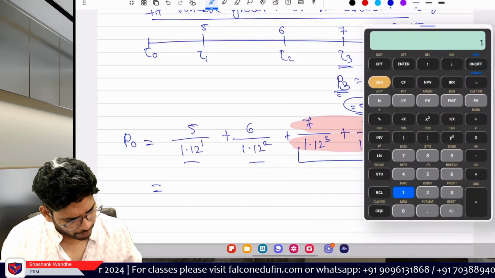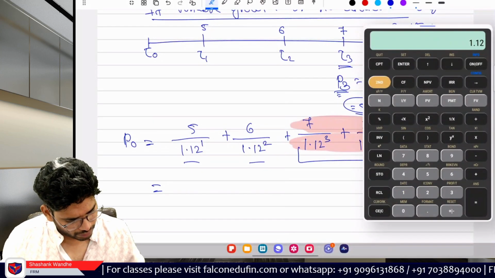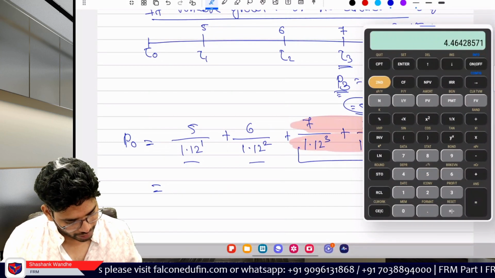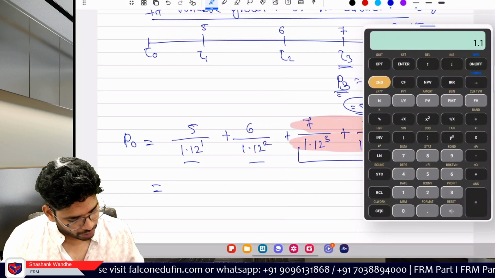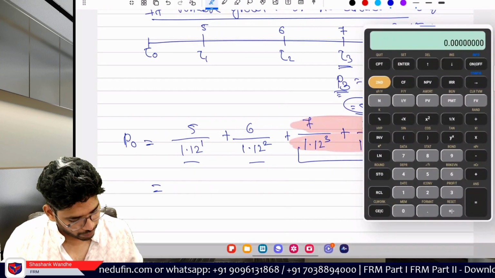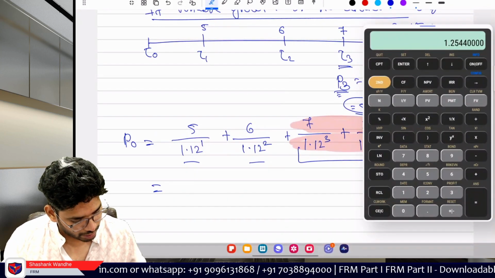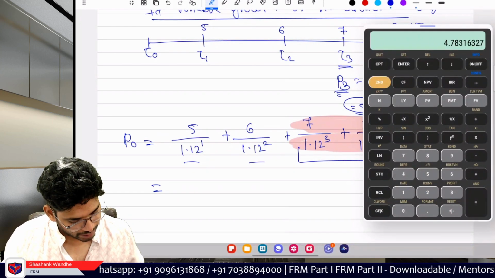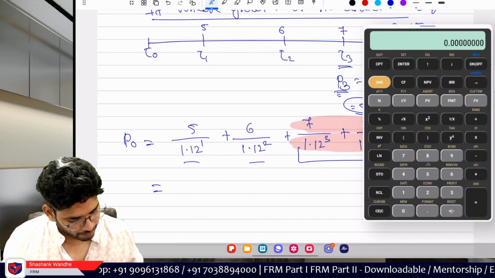Okay. So 1.12, 1 by x, multiplied by 5, whatever is the answer, store it in 1. Then 1.12 square, 1 by x, multiplied by 6, store it in 2.